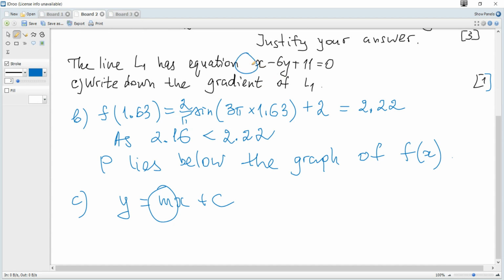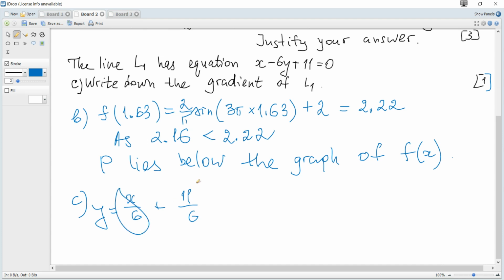Here it's not, so it becomes x plus 11 is 6y, hence y is x over 6 plus 11 over 6, hence 1 over 6 is the gradient.